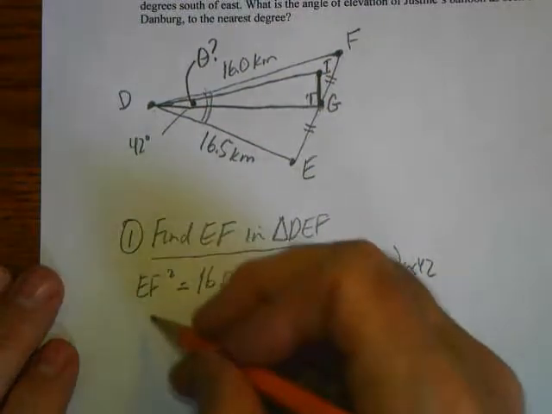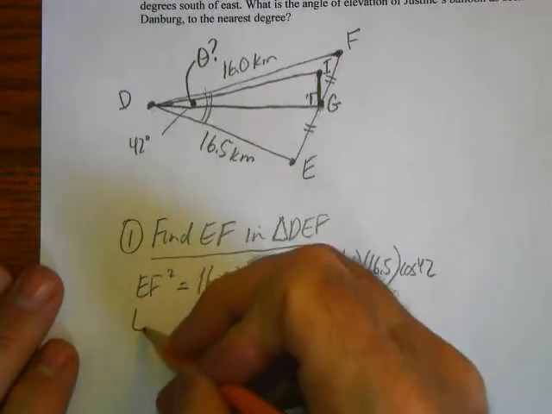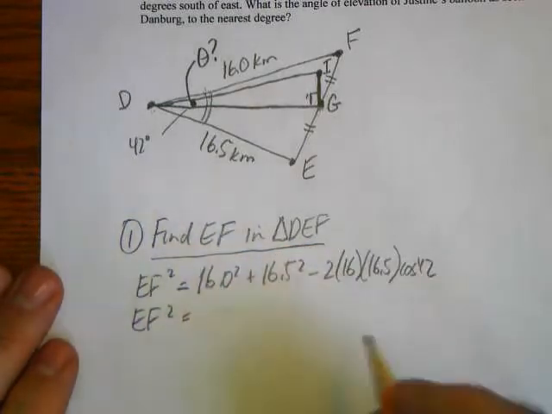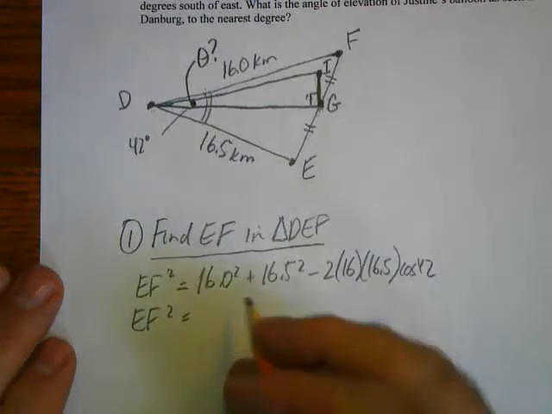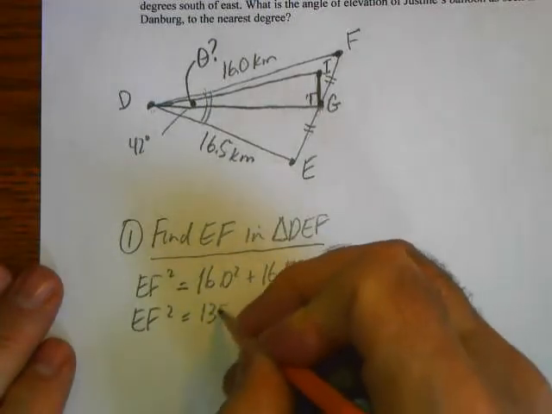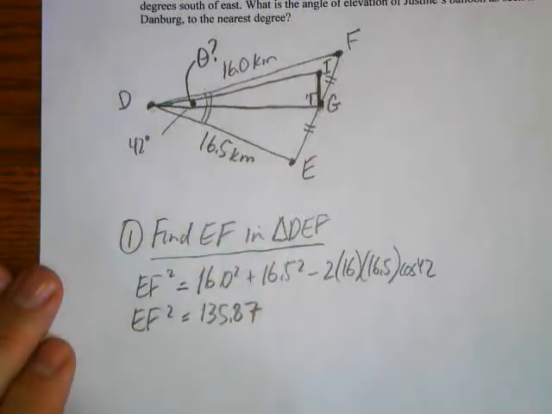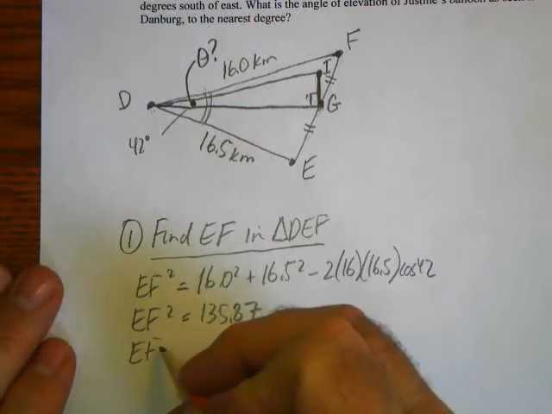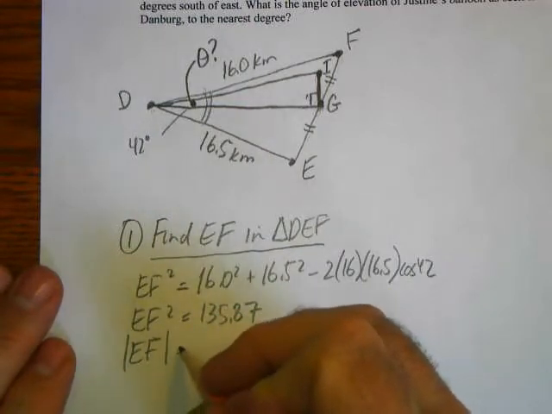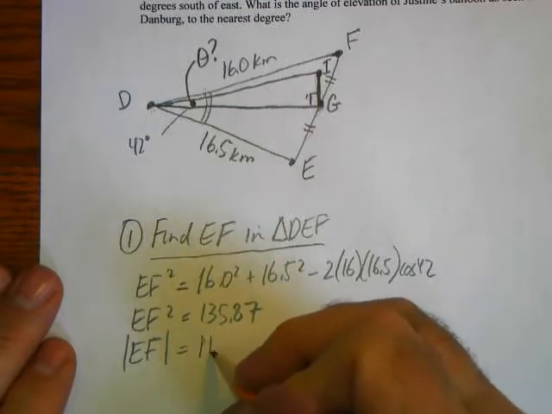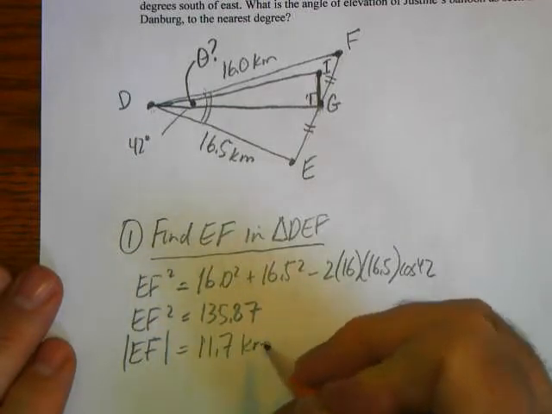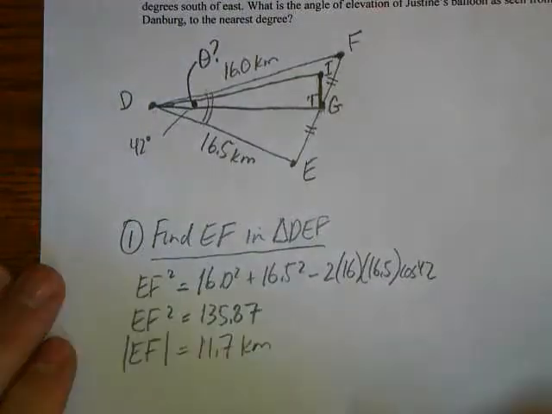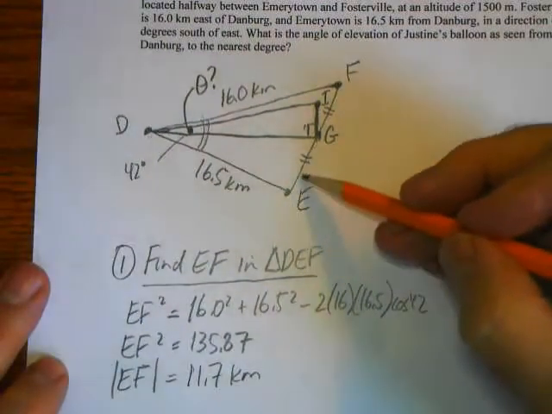Okay, now I'll do this in one calculation. That works out to 135.87. When I take the square root, I get EF, and I guess I'll put the magnitude now, is 11.7 kilometers. So that tells me back here that's 11.7.